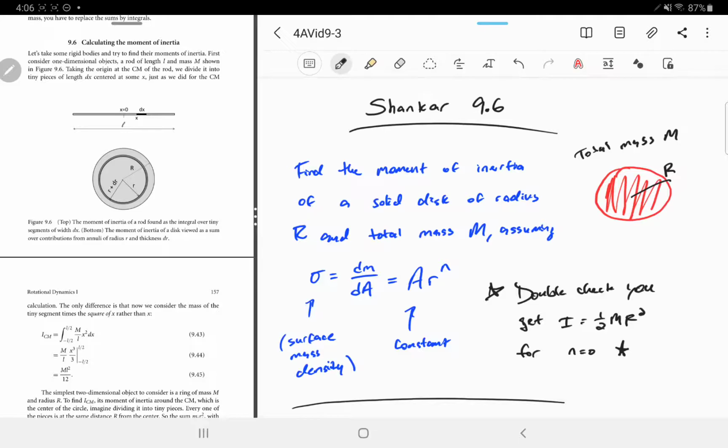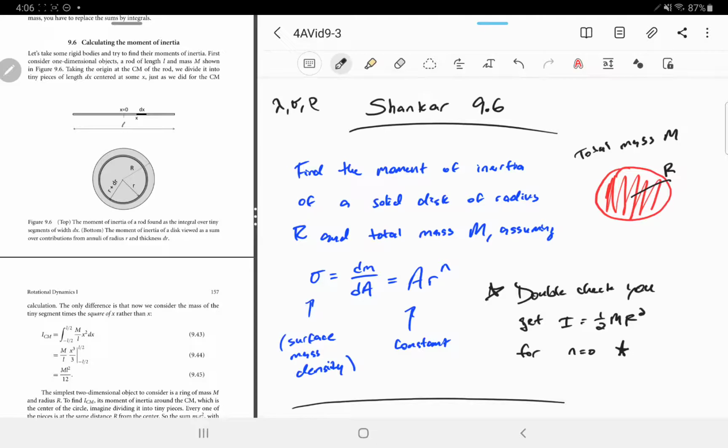You may also see letters like lambda, that's mass per unit length. We have sigma for mass per unit area, and then rho is normally used for mass per unit volume. This just depends on what number of dimensions you're working in. So for this problem we're going to work with sigma, mass per unit area.